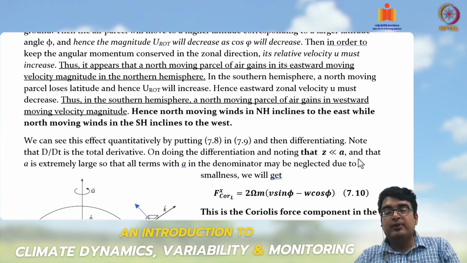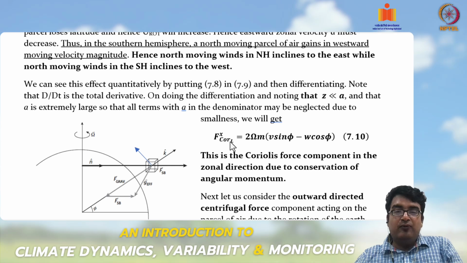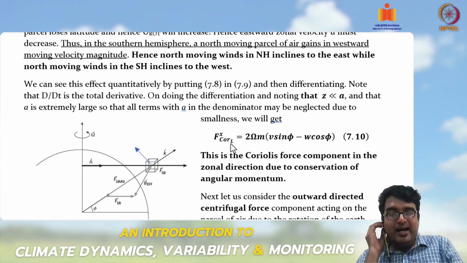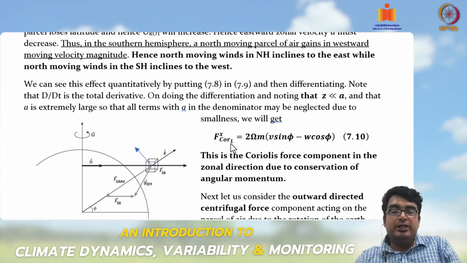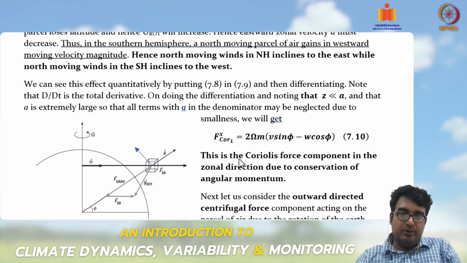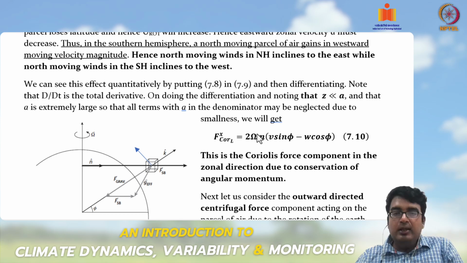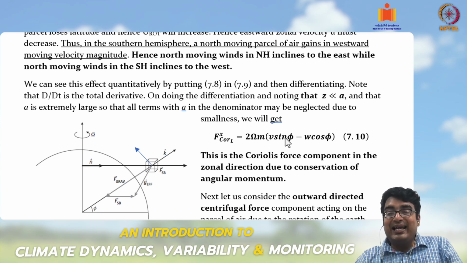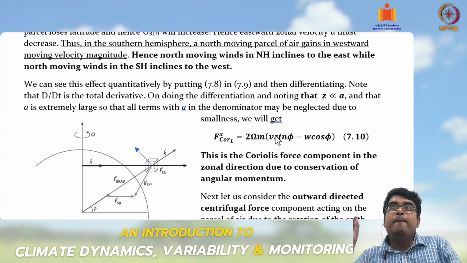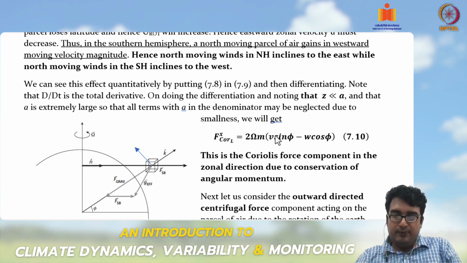If we do this, then the Coriolis force in the x direction due to this conservation of angular momentum principle, so Fx Coriolis, can be shown to be equal to twice the angular velocity of Earth, into the mass of the air parcel, into v sin phi minus w cos phi. v is the meridional velocity, the south to north moving velocity.